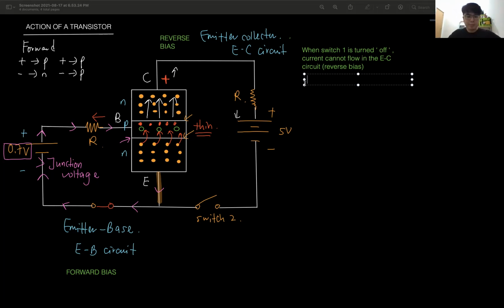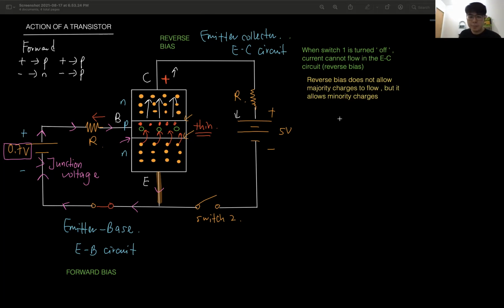Let me write this down. Reverse bias does not allow majority charges to flow, but it allows minority charges. Okay, what does that mean?